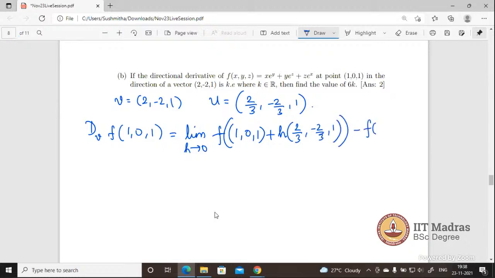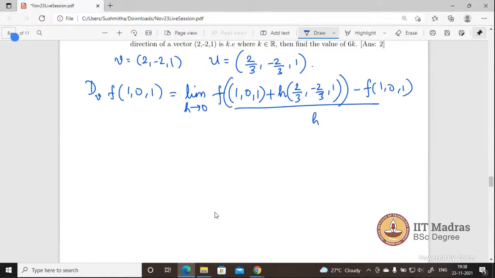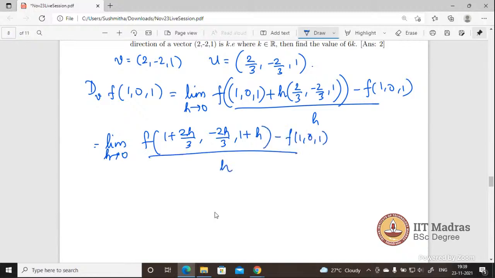Agreed? Yes, ma'am. So this is limit as h tends to 0, f of (1 plus 2h by 3, minus 2h by 3, 1 plus h) minus f of (1, 0, 1), by h, right?